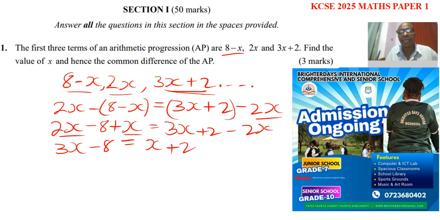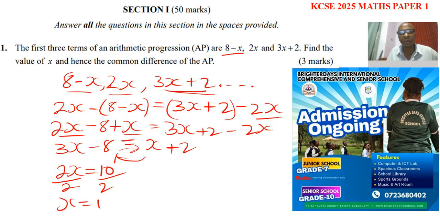Take x to this side and 8 to the other side, so we have 3x minus x, which gives us 2x. 8 becomes positive when it crosses the other side, so 8 plus 2 gives us 10. Divide by 2, that should give us x is equal to 10.